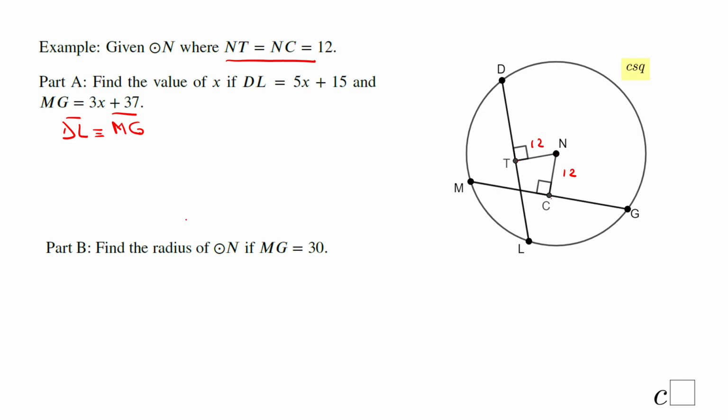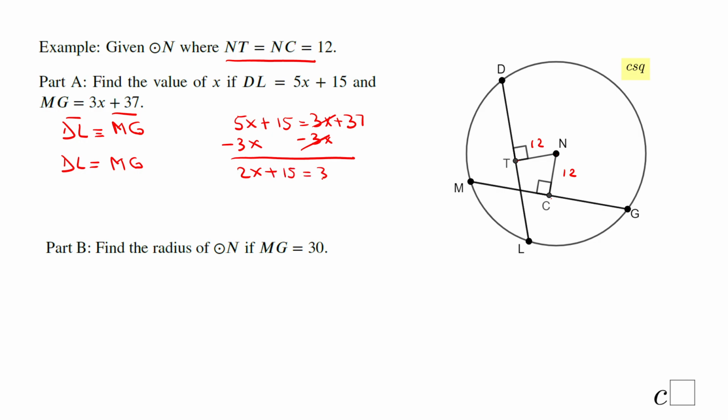So now I'm going to write here the measure of the chord DL equals the measure of the chord MG, by the definition of congruent segments, and then we have 5x plus 15 equals 3x plus 37. Very similar to the previous equation. I'm going to subtract 3x now, and I have 2x plus 15 equals 37.